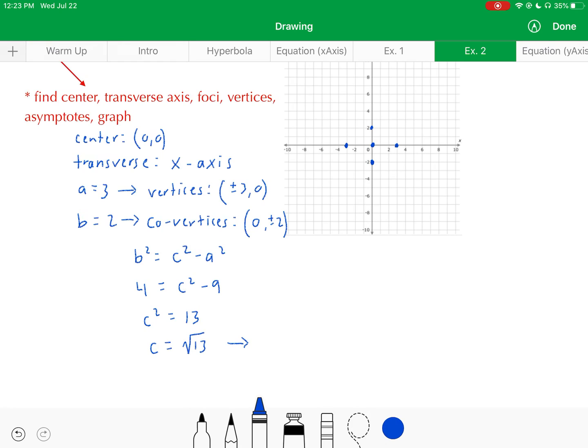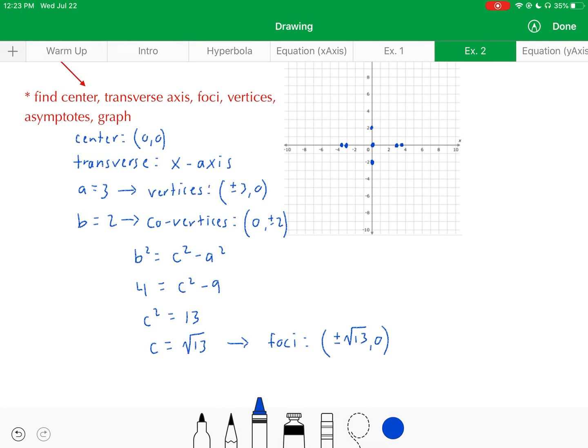And remember, my focus points should be along that transverse axis. So they're going to have coordinates of plus or minus the square root of 13, 0. Okay, so that's a little bit smaller than 4 units to the left and to the right of the center, placing me right about here, right about here.